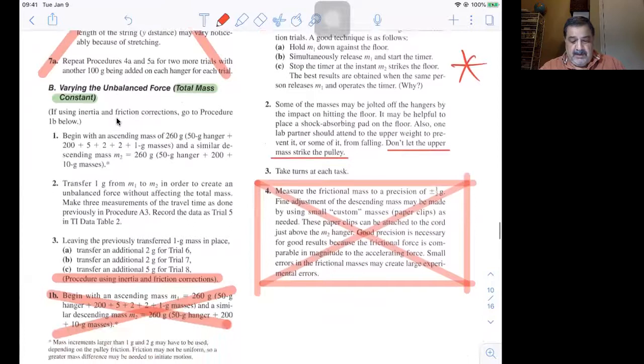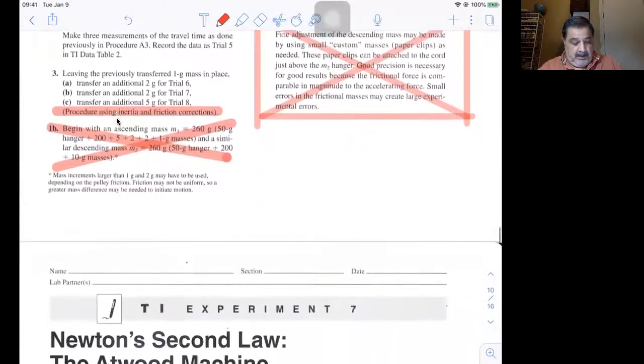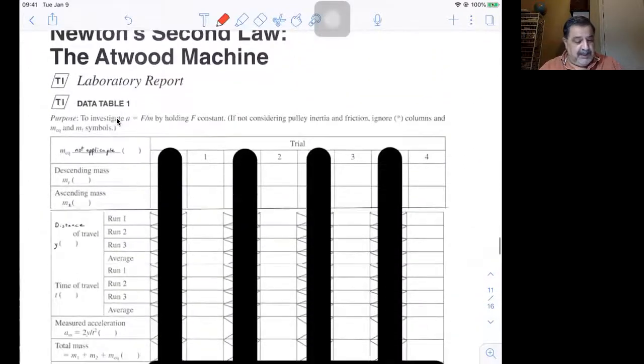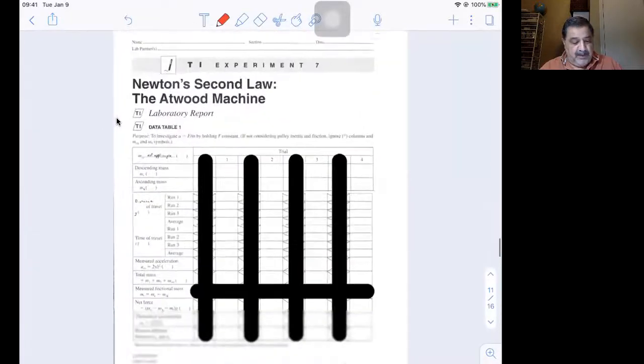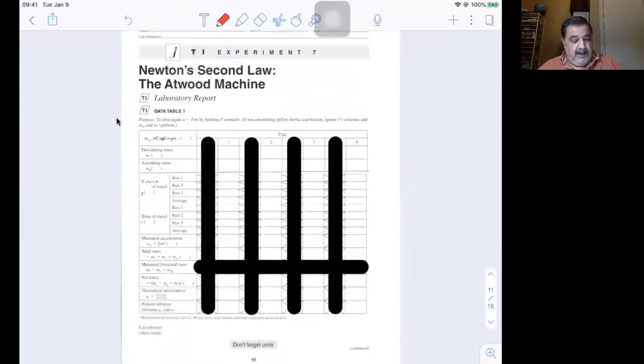I think that star is from doing it in the lab. Now, I've replaced the data. If you look at your data table, it doesn't have this distance of travel, and it also has the mass 1 and mass 2 reversed, because in this particular virtual lab, they make the mass 1 descending automatically.